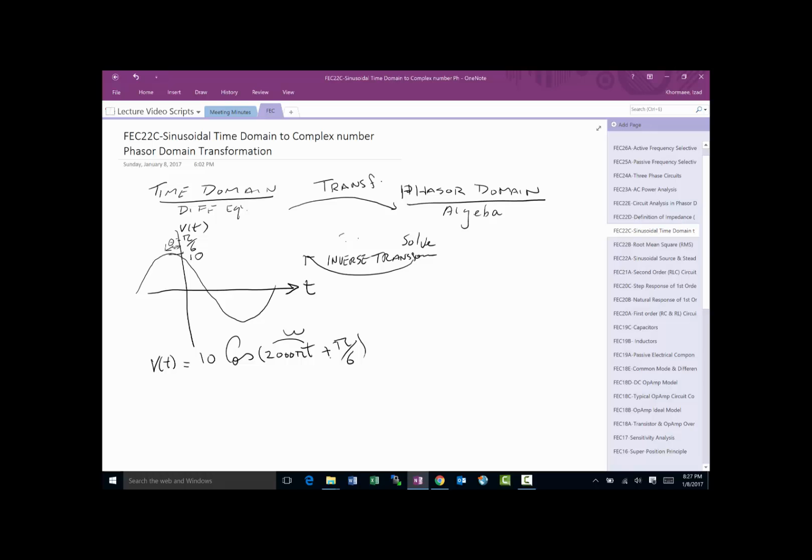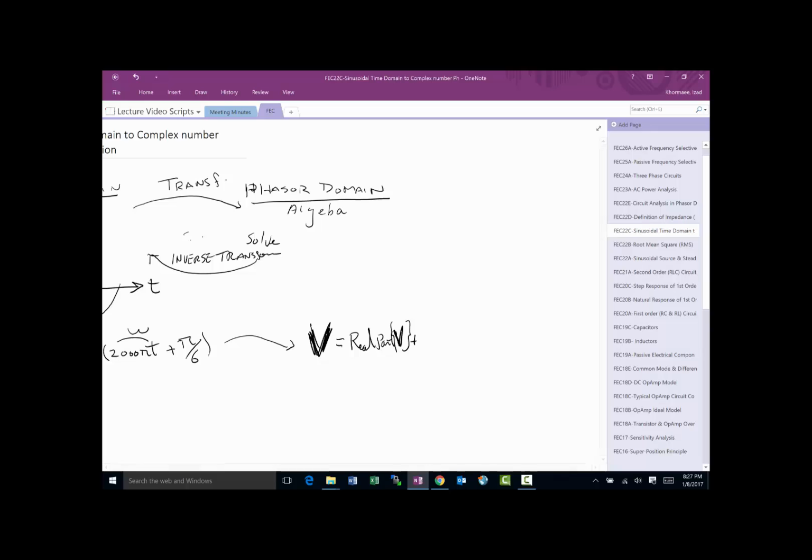So how are we going to represent that in the other domain? In the other domain it is most likely going to be represented as a phasor, which would have some real part of V, the phasor V, and then it's going to have J. For folks who have had complex numbers, J is really i.